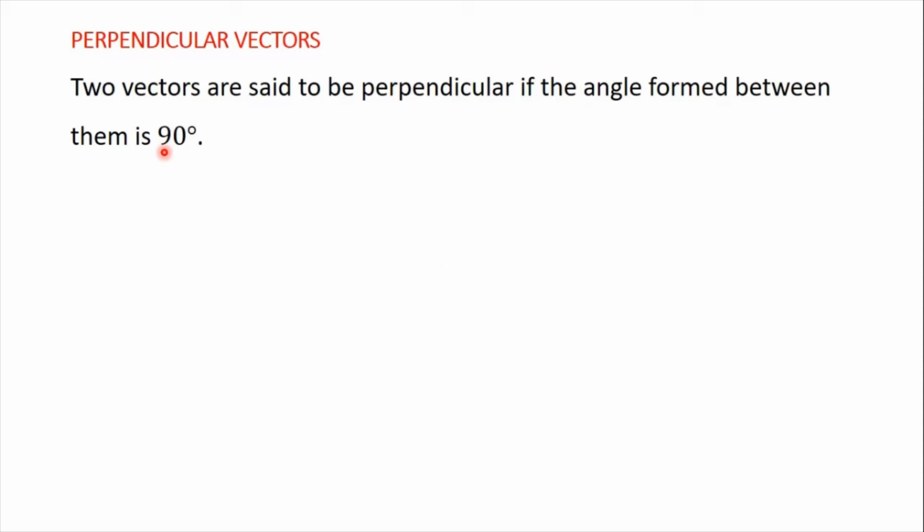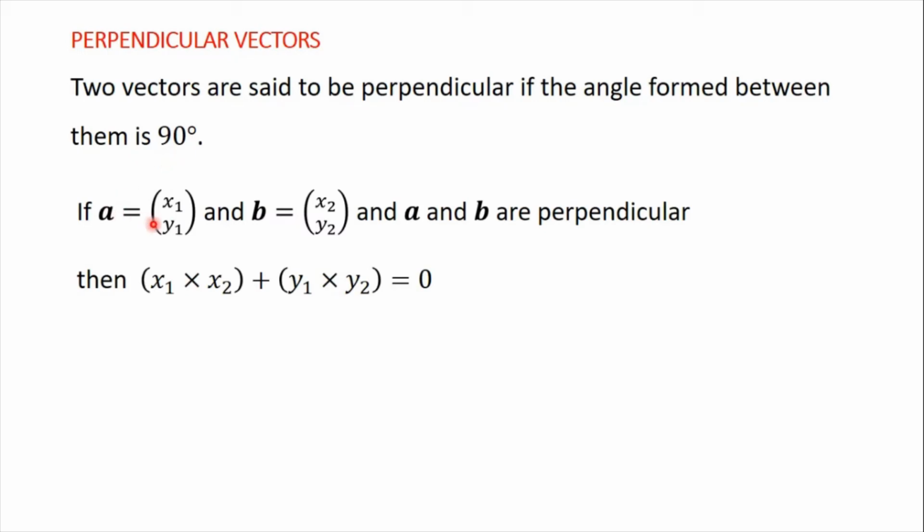How will you know if two vectors given to you are perpendicular? If vector A is x1, y1 and vector B is x2, y2, and vector A and vector B are perpendicular, then x1 times x2 plus y1 times y2 is equal to 0.